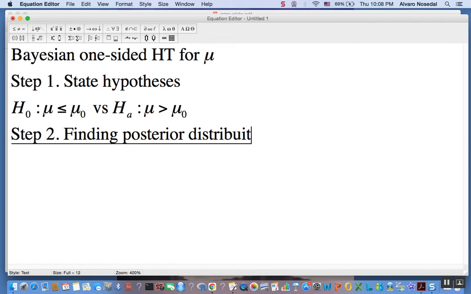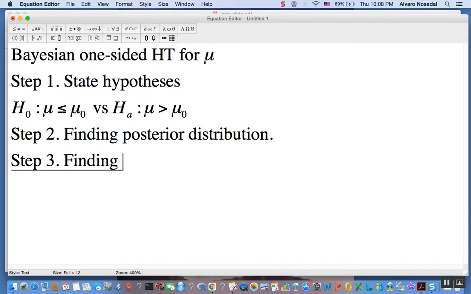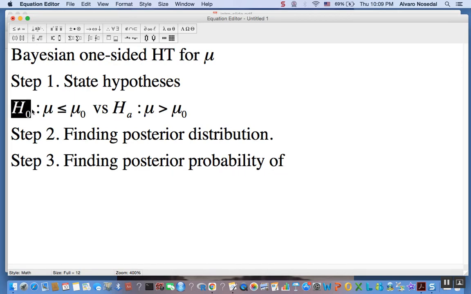Then step 3 in a frequentist approach would be computing the p-value. From a Bayesian perspective, step 3 becomes computing the posterior probability of H0, of your null hypothesis.